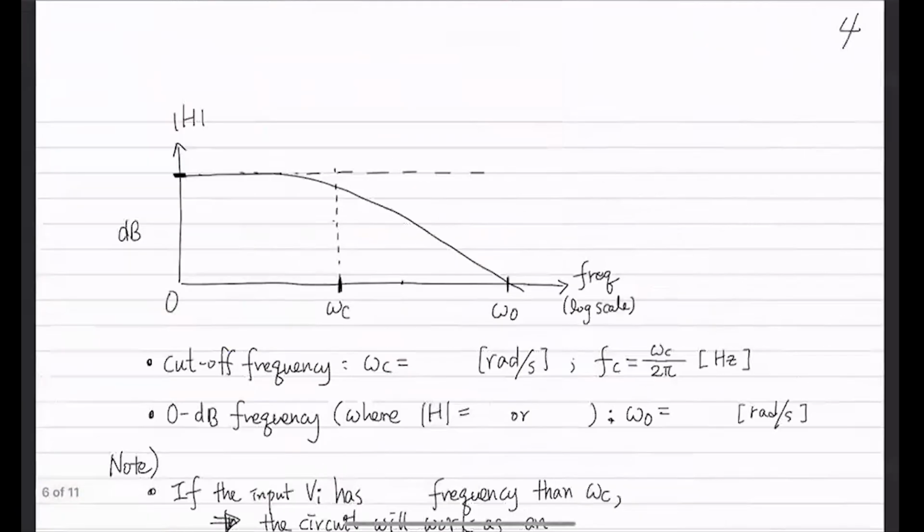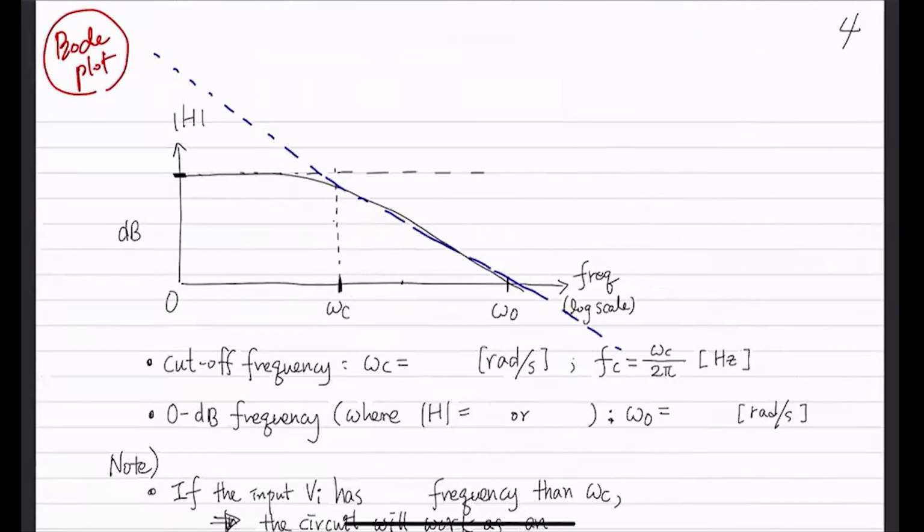So if we draw this thing one more time, the Bode plot, then this here is the previous ideal case, right?